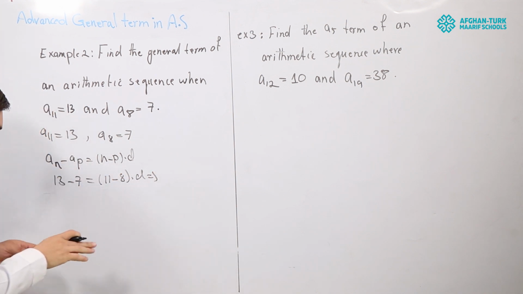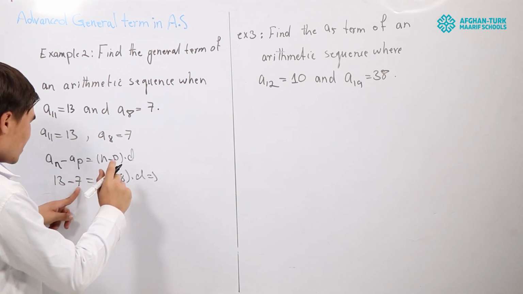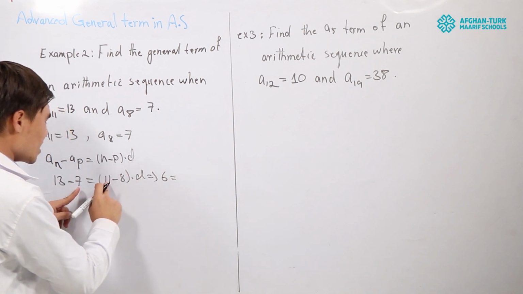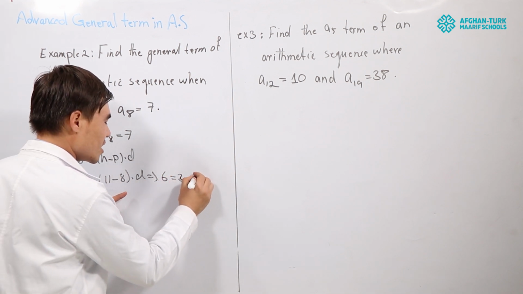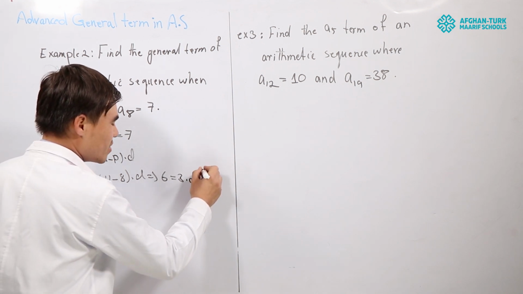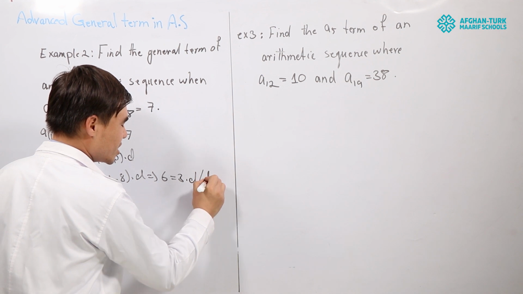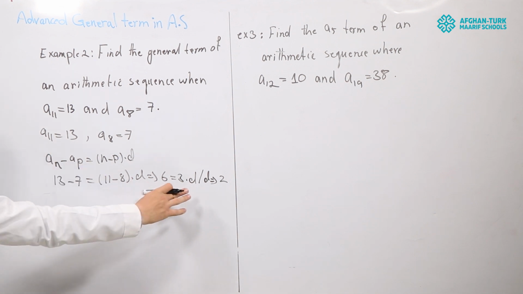Here we can find d: 13 minus 7 is 6, which equals 11 minus 8, which is 3, times d. If I divide both sides by 3, I will have d equal to 2, and we could find the common difference here. And here I must find what?